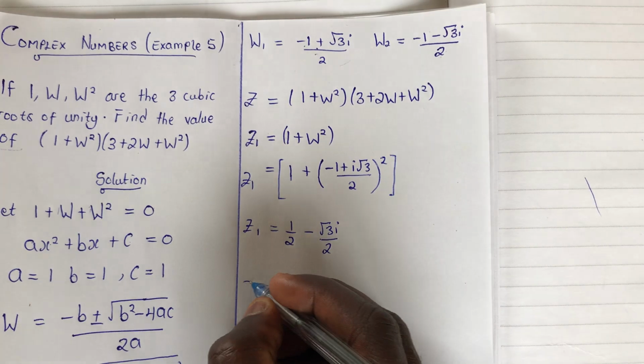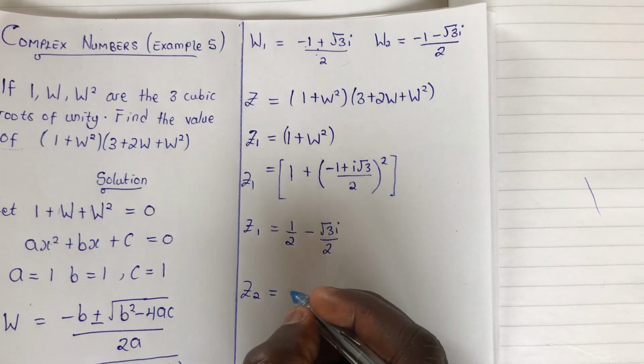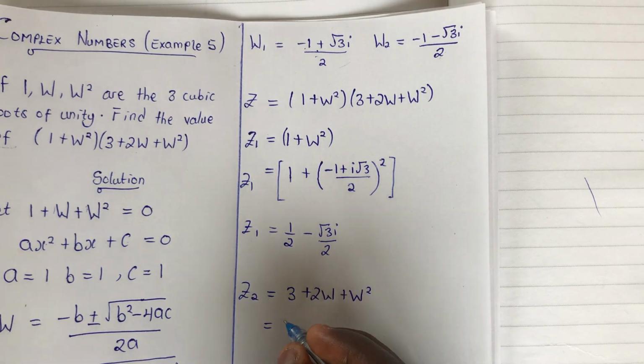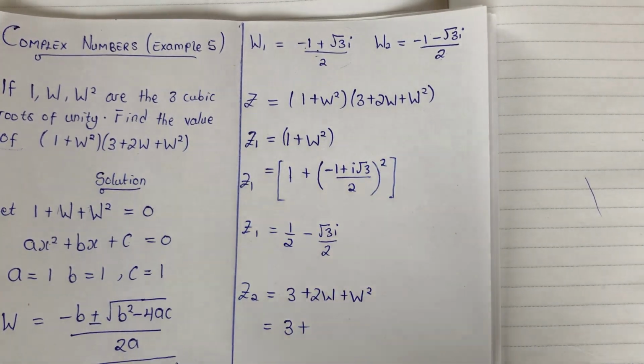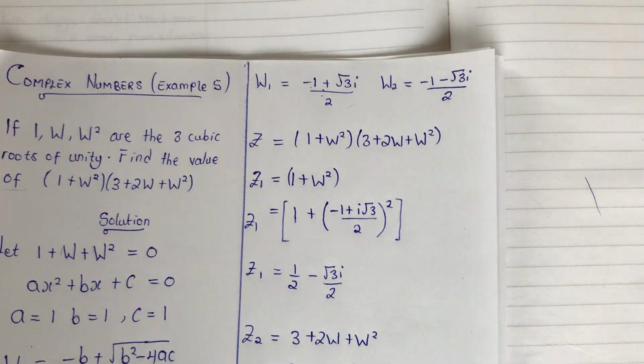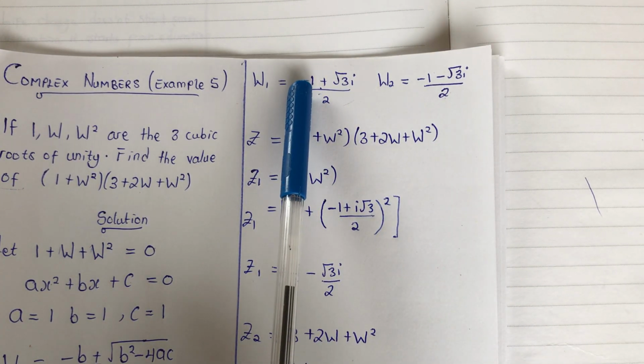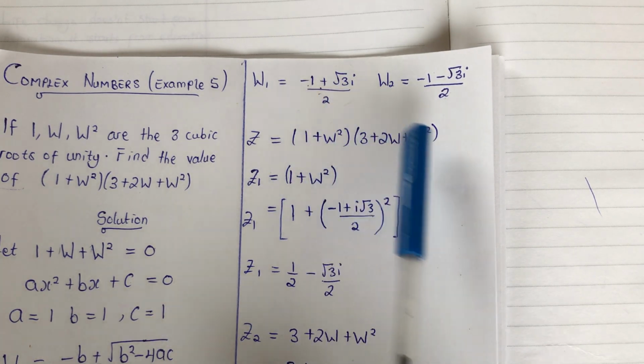So let Z2 be equal to 3 plus 2 multiplying negative 1 plus root 3 i all over 2.